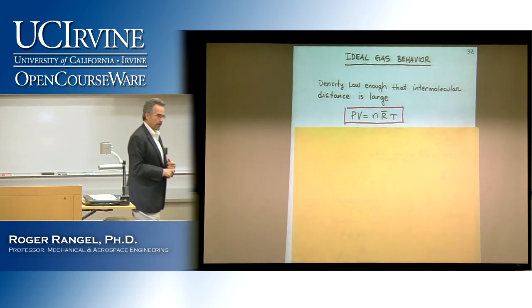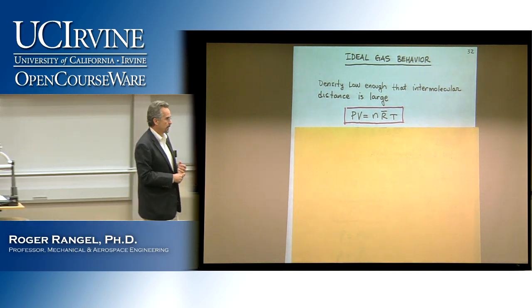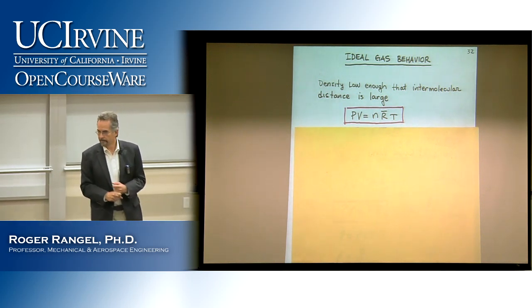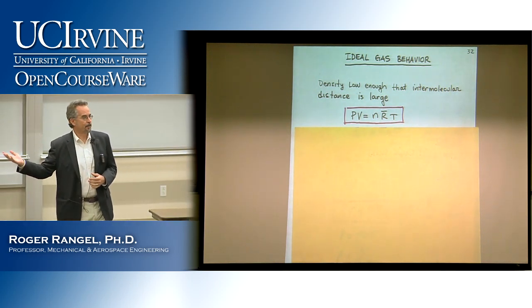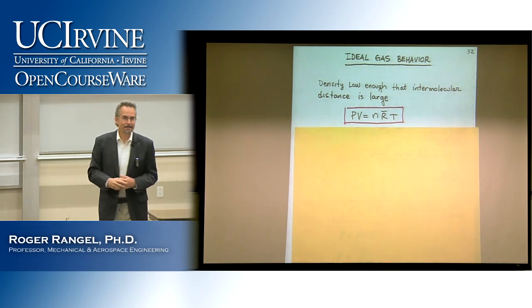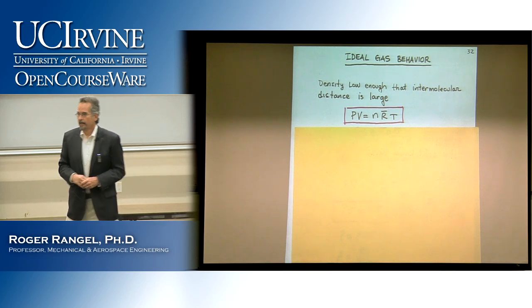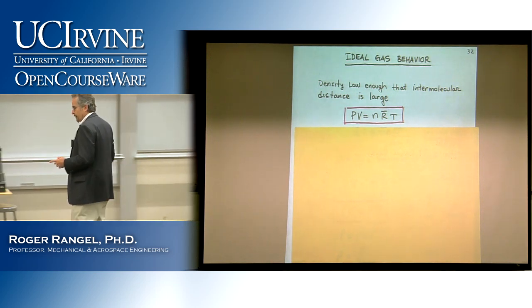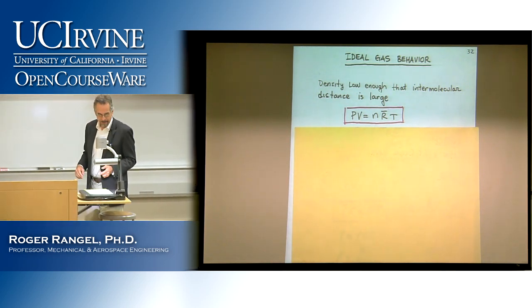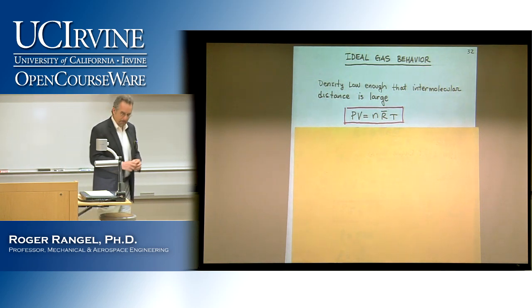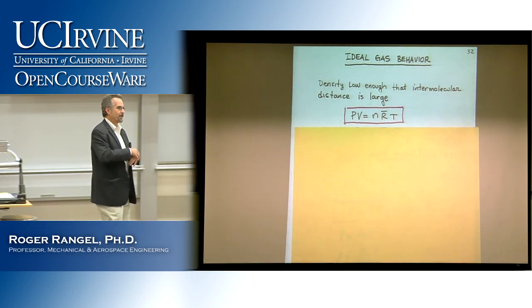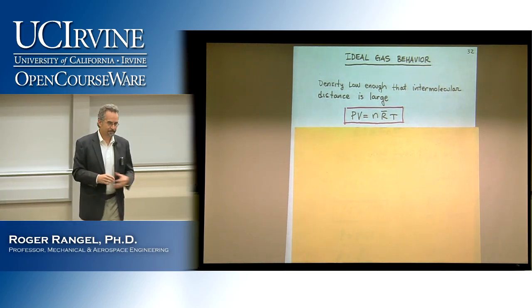Now, there is a requirement. This is one of those equations that students love, and they want to use it for every problem. In fact, we just went through an example, a problem with steam, and somebody immediately wanted to use PV equals nRT. There is a requirement that for you to use PV equals nRT, the molecules of your substance have to be very far apart from each other.